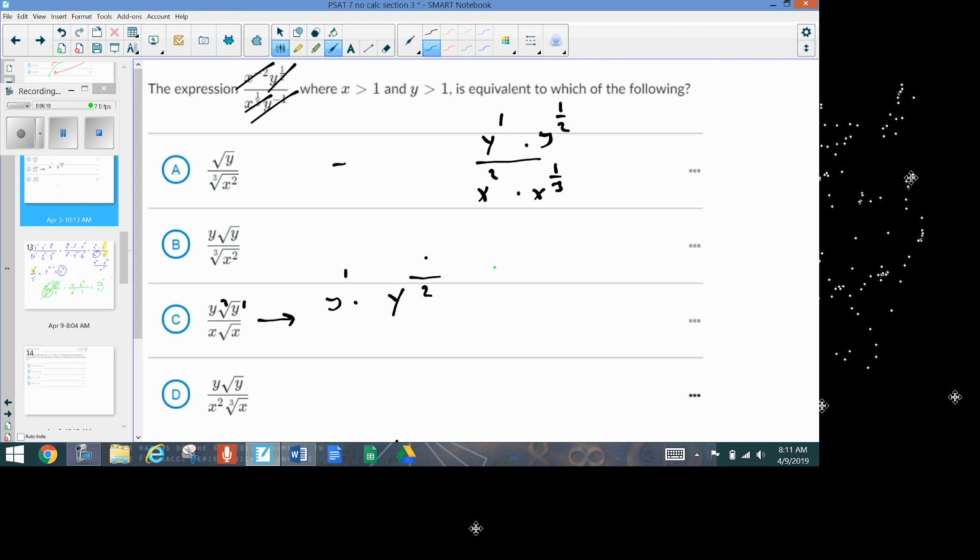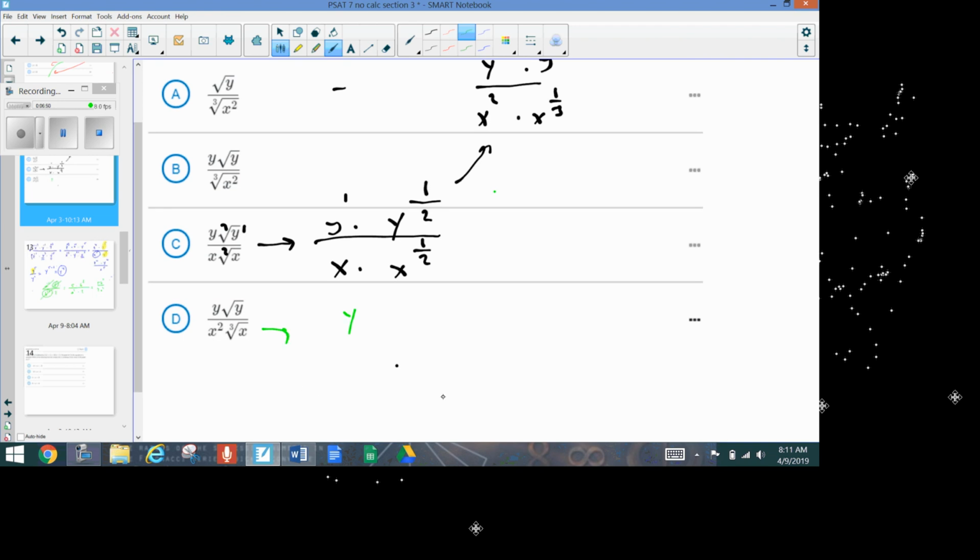And the exponent goes to the numerator. Over x times, who's going to tell me that? X to the power of what? 1 over 2. Good job. There is 2. Is that the same? No, not the same. Pretty close though. So that means this portion is right. Let me write that again.